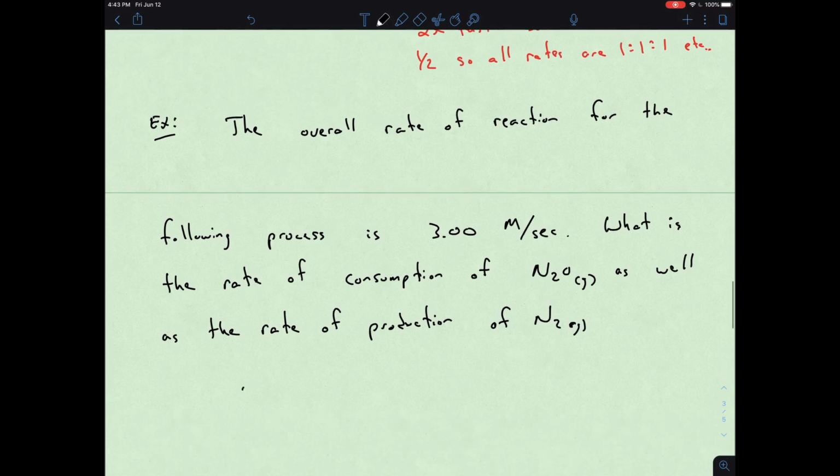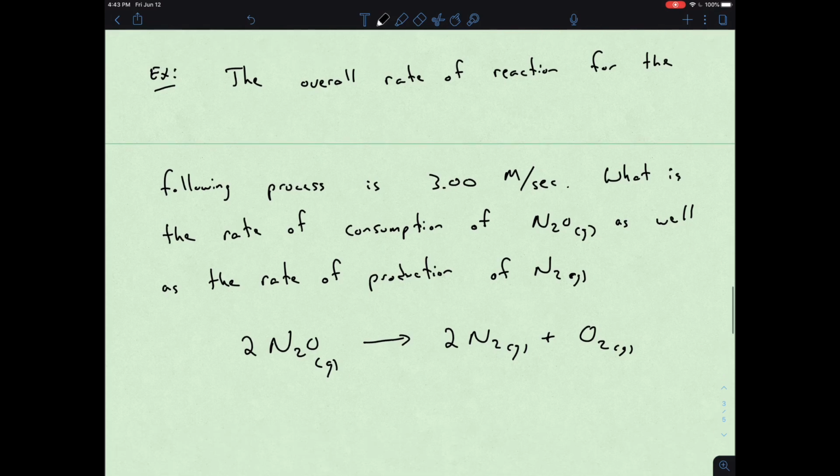And we have our reaction here with our nitric oxide producing nitrogen gas and O2 gas. We find that the overall rate is equal to 3 molar per second.